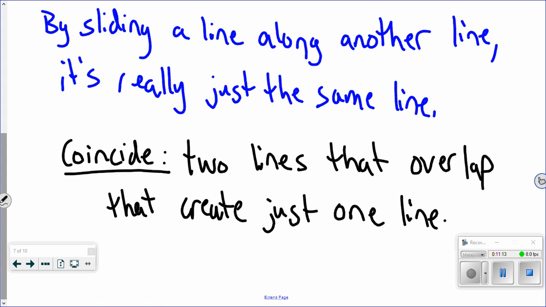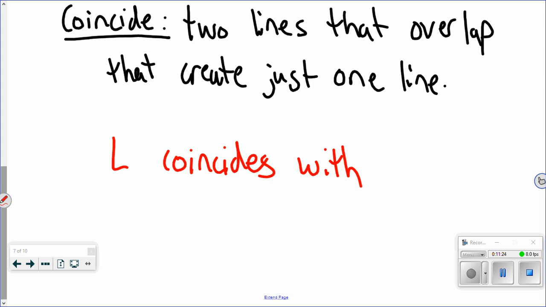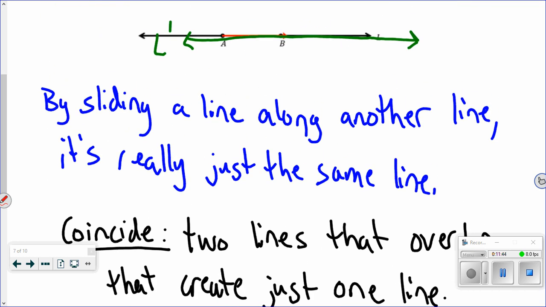So we could say that line L coincides with L prime. Again, coincides. They're inside each other. They belong together. They overlap. One lays on top of the other. It's really just the same line.